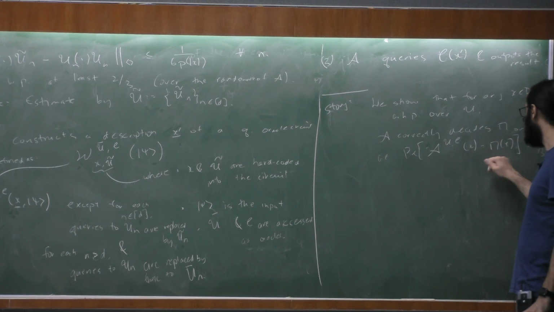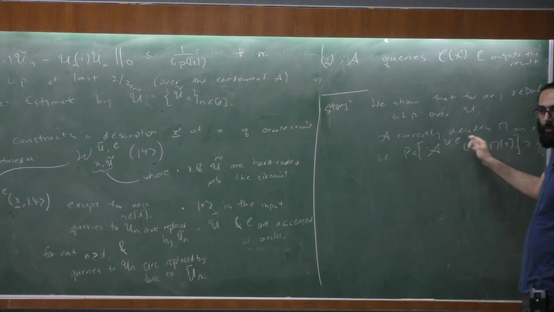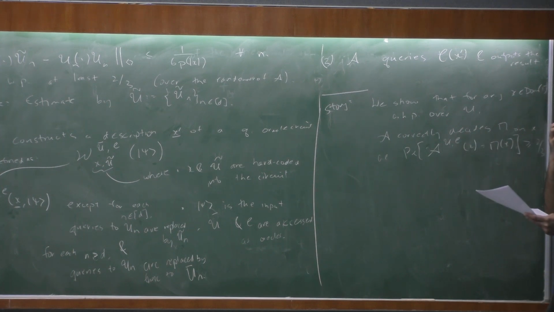Because for the yes instance it's greater than 2/3, and for the no instance you have to say that it outputs 1 with probability at most 1/3. It's equivalent to saying that.